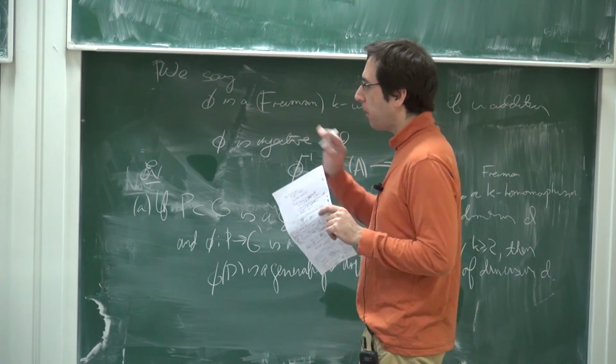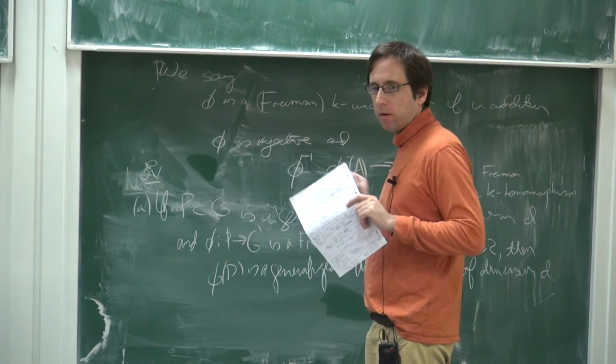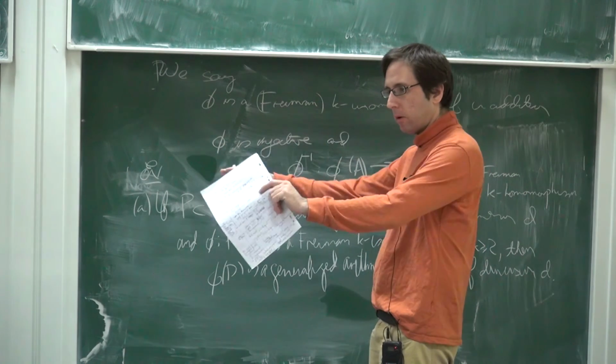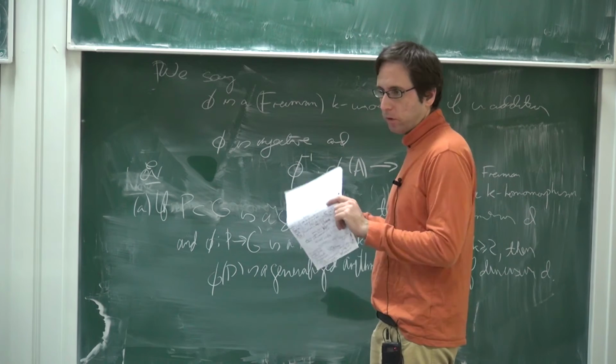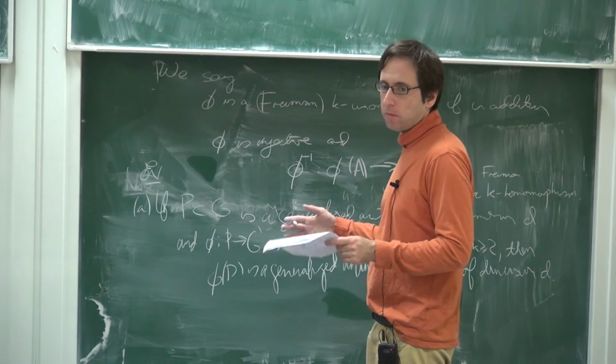So a Freiman isomorphism sends progressions to progressions, and also preserves the dimension and the size and so on. And it obviously preserves the size because it's a bijection.